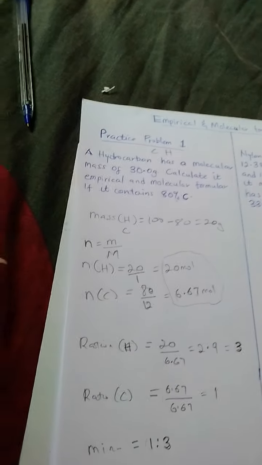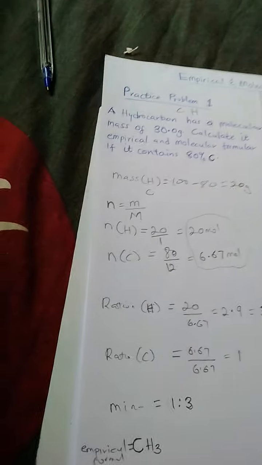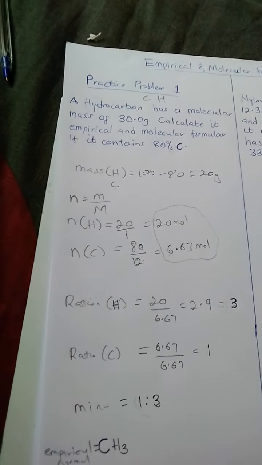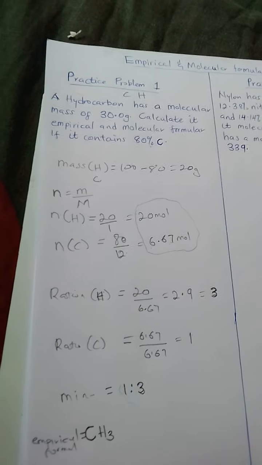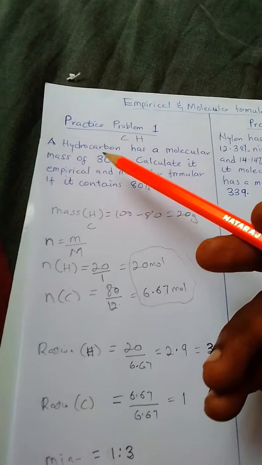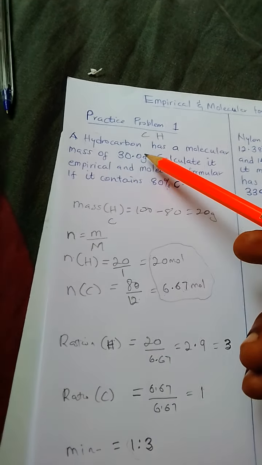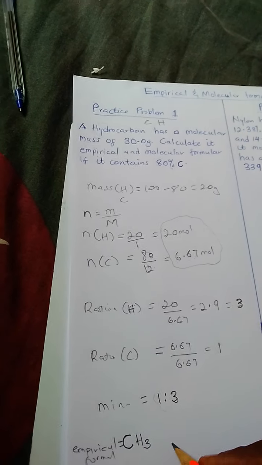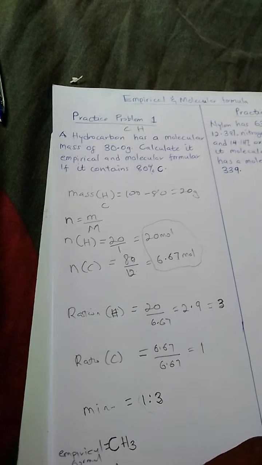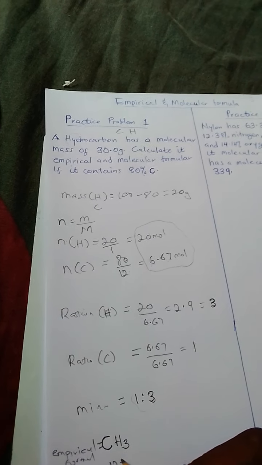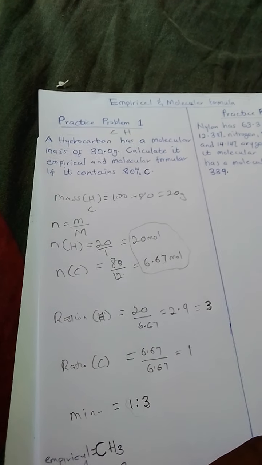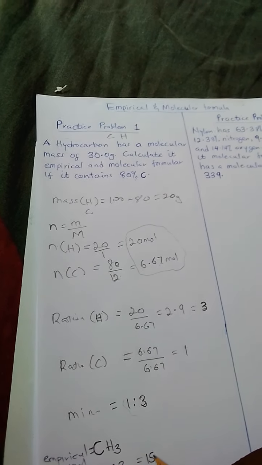Now for you to find the molecular formula, you have to find the molecular mass divided by the empirical mass. Here the molecular mass was given as 30, but the empirical mass is the mass of the empirical formula, which is 12 plus 3, which is 15.